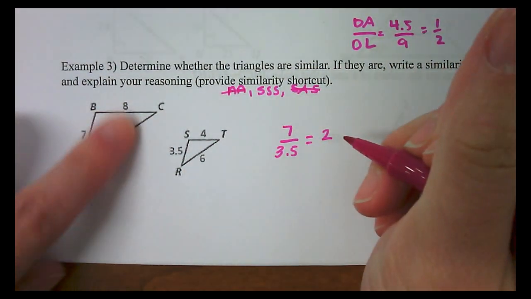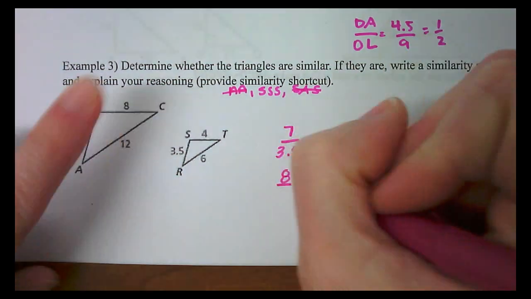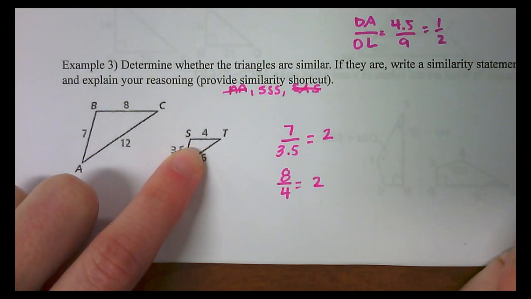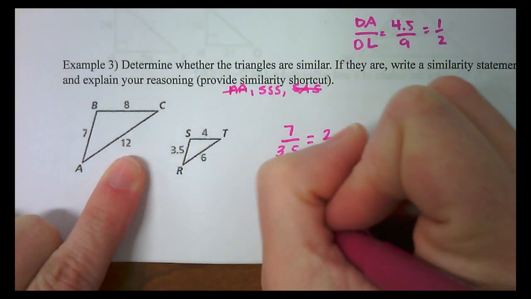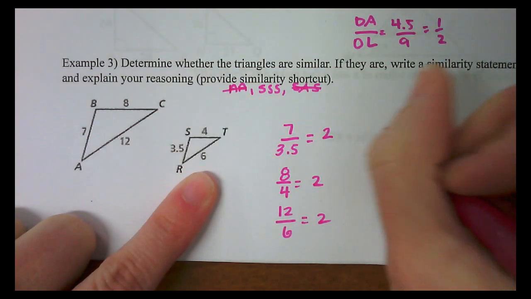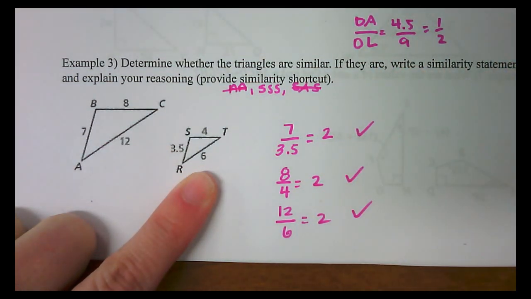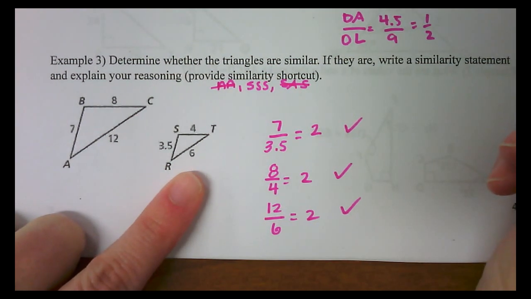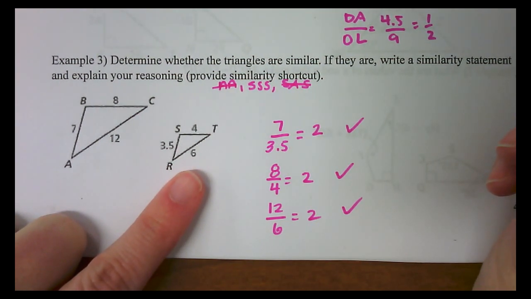Okay, now I'm going to take the medium side here and compare it to the medium side here. When I divide, I get 2. Longest side here compared to longest side here, and I get 2. So all 3 matched, so they are similar. Now I have to make sure I put my letters in the correct order.